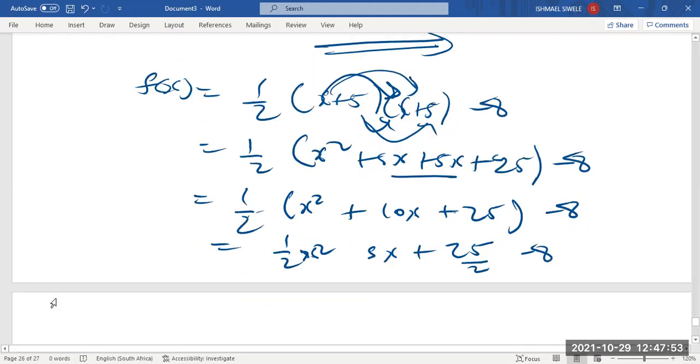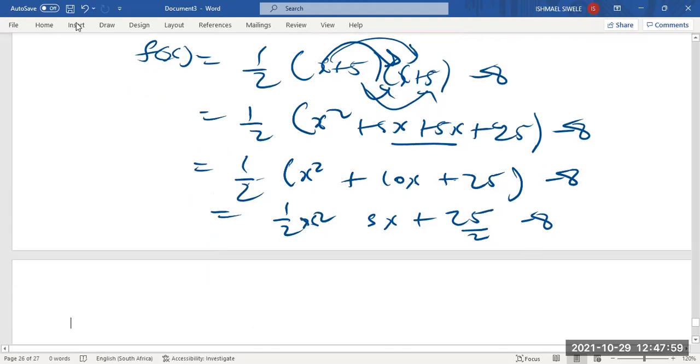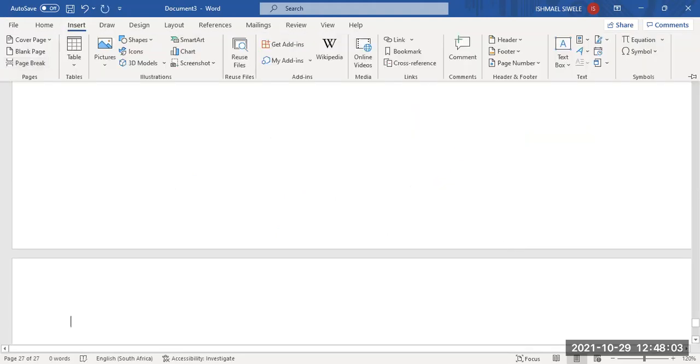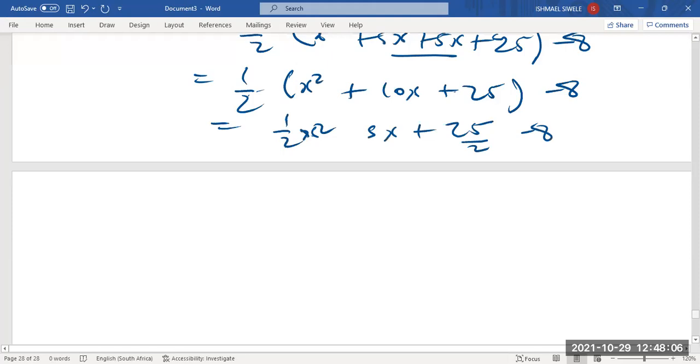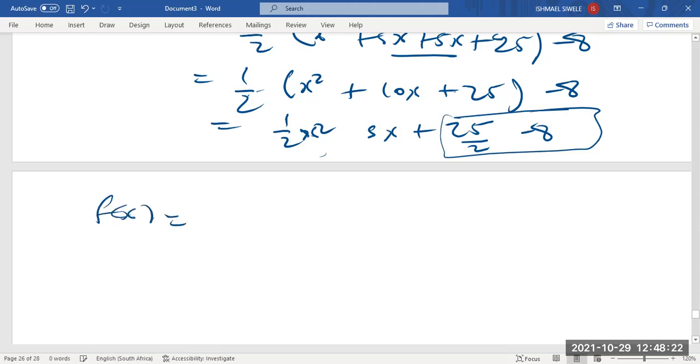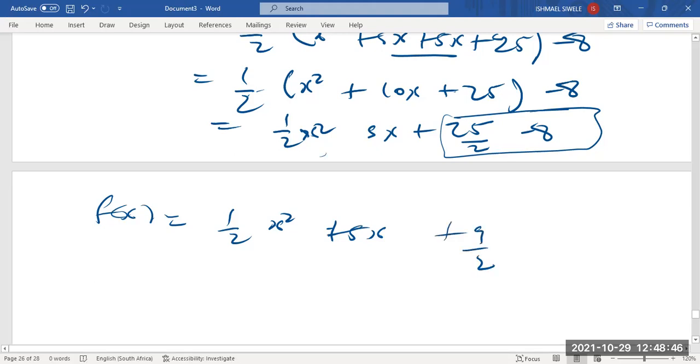Just for the sake of finishing it off, we have to simplify 25 minus 8. So meaning that I'm going to have f of x equals 1/2 x squared plus 5x, and 25 over 2 minus 8, this is plus 9/2, right?